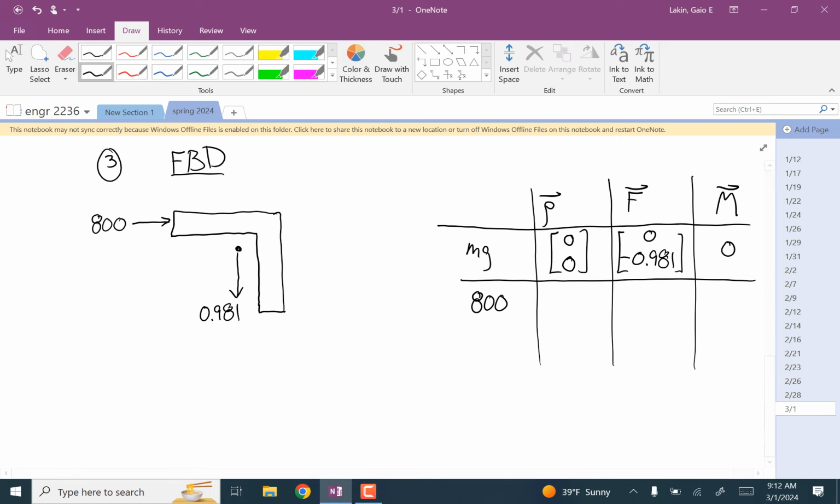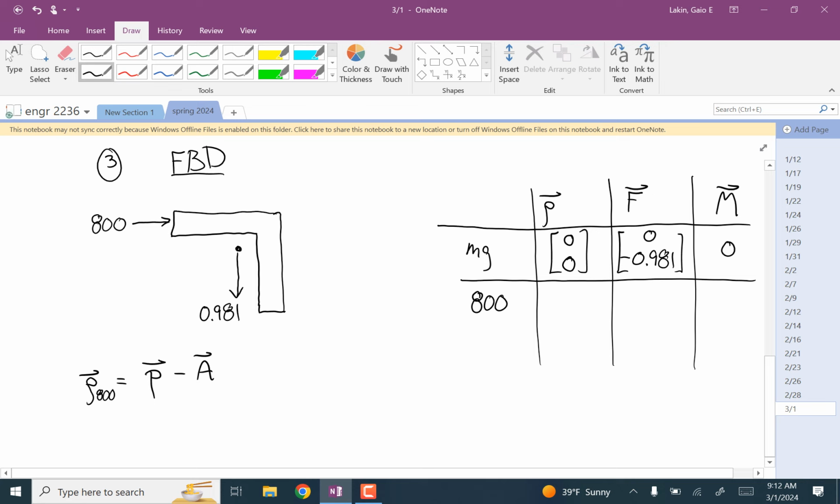That's because the rho vector, the vector that goes from the about point to where the force is applied, is always calculated as the coordinates where the force is applied minus the coordinates of the about point.